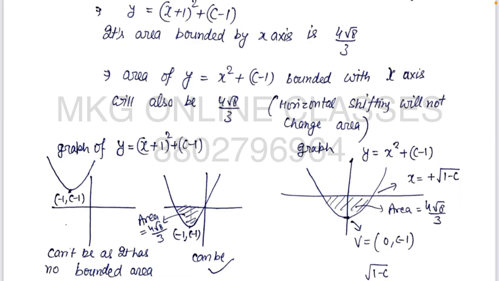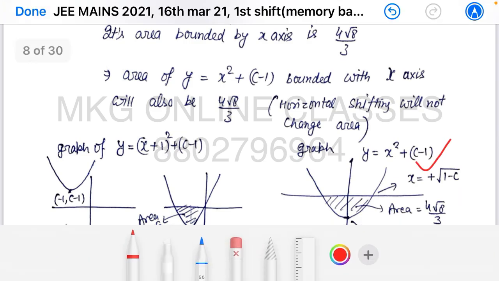That means the equation of the graph will become y equals x square plus c minus 1. Fine. So with this equation, the area will not change, 4 root 8 upon 3. Now you can simply find these two coordinates. How? Simply put y equals 0, x will be plus minus root of 1 minus c, plus will be here, minus will be here.